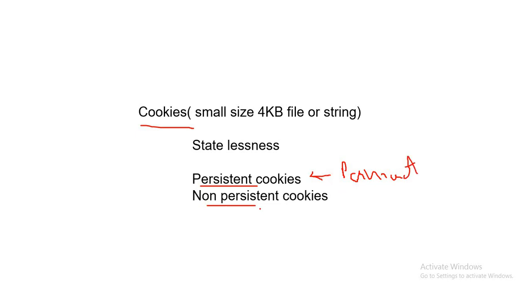Whereas non-persistent cookies store the data for the particular session. Whenever the session expires or the user closes the browser, then after the user starts a new session by opening the browser again, the user will not be able to get that particular data. So this is known as non-persistent cookies.